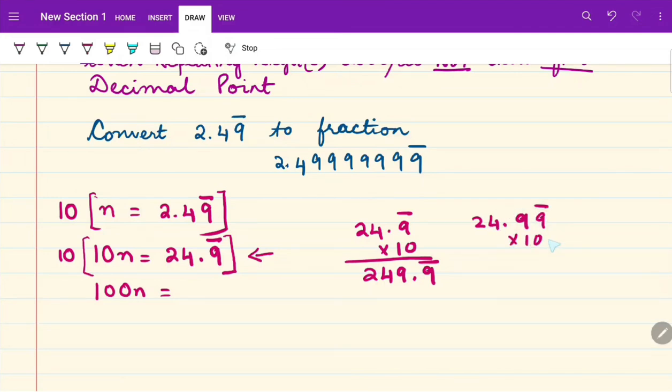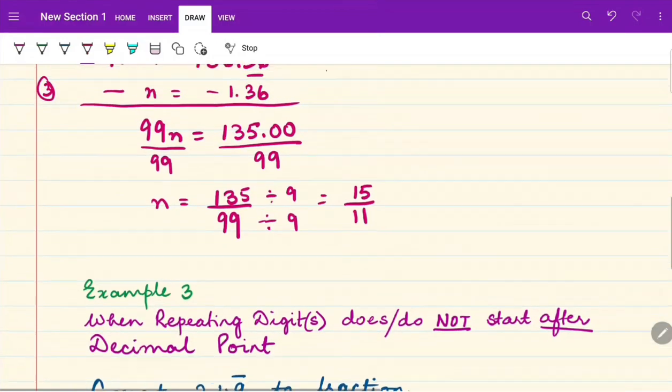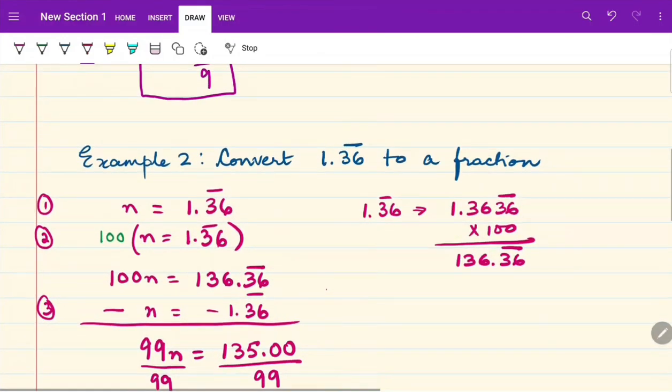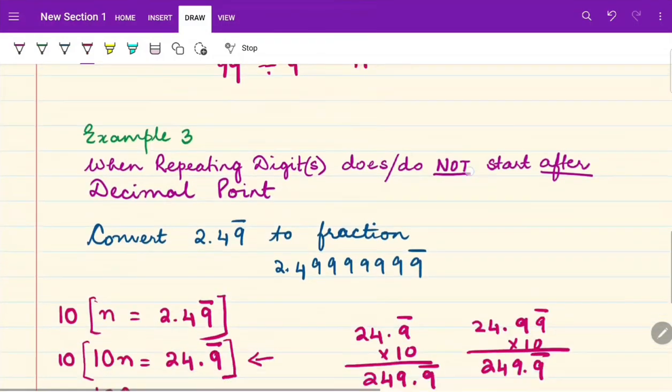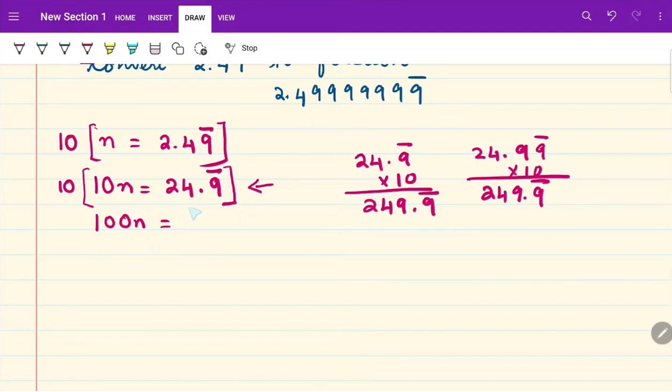When we multiply that by 10, we will end up with 249.9 bar. This is just the way we had worked it in the previous examples. So let's write 249.9 bar. And now below this equation, I'm going to write this second step.